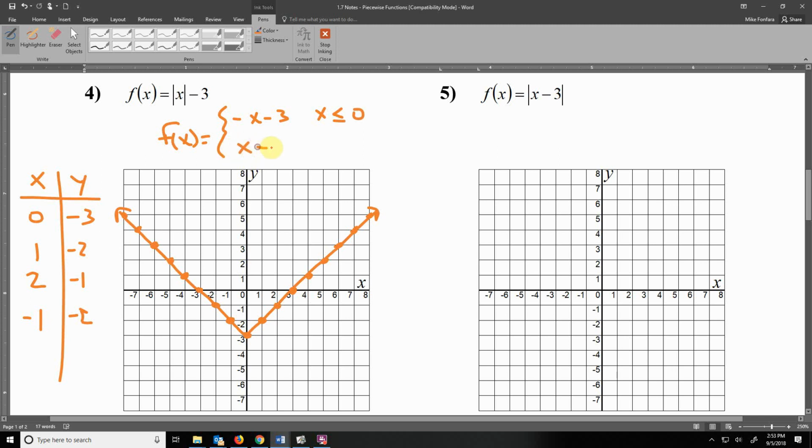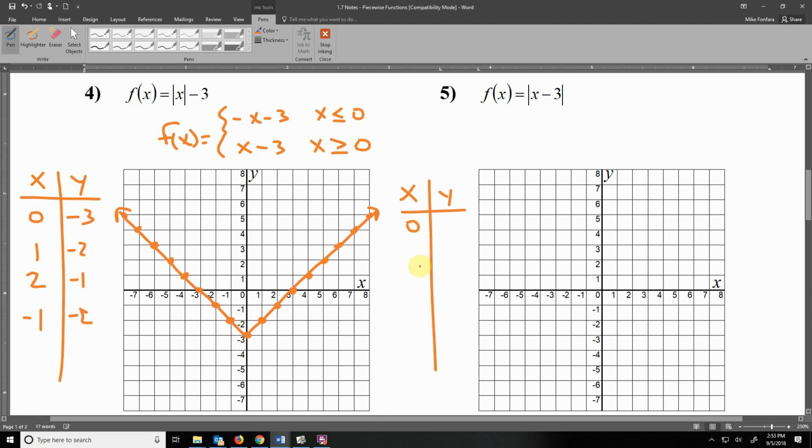And then the line x minus 3 right here, but only for x is greater than or equal to 0. So that's how it could be rewritten like the ones above. Most people tend to like just to make that chart though.